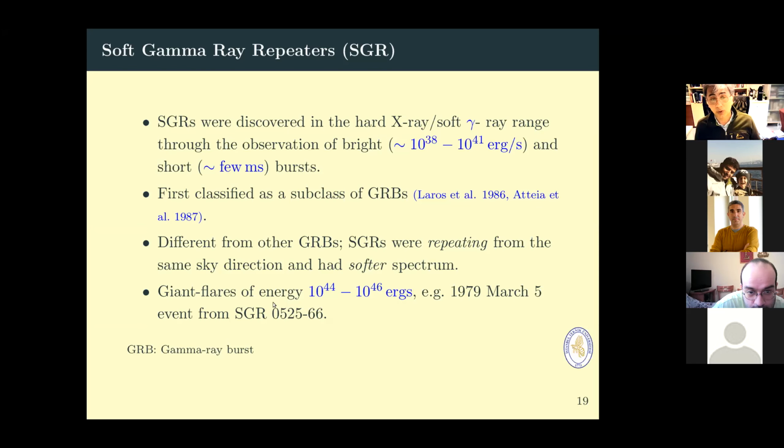And they also observed the giant flares occasionally, especially the first event in 1979. So they were facing a phenomenon related to neutron stars. They've seen the pulsation periods and they understood this is something different than the gamma ray bursts they have been observing for a long time.